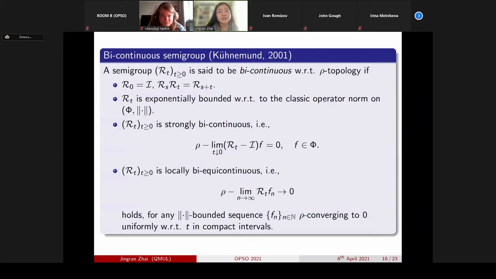The definition of the bicontinuous semigroup is analogous to what we know for the strongly continuous semigroup, except that we define the strong continuity in the sense of this coarser topology, and we also require locally bi-equicontinuity in this sense.